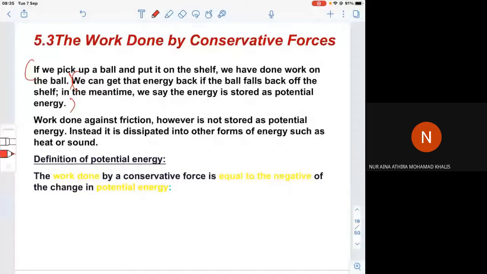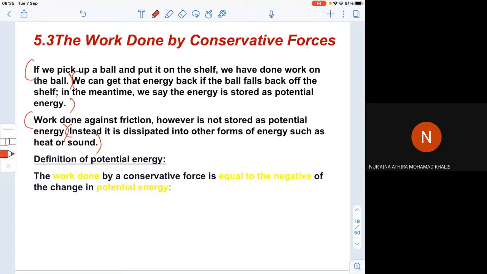However, the work done against friction is not stored as potential energy. Remember, when it involves friction, it doesn't involve potential energy. Instead, it is dissipated into forms of energy such as heat or sound.